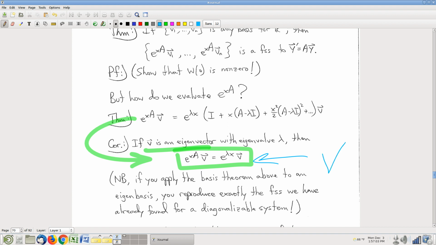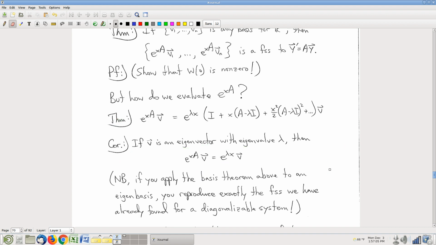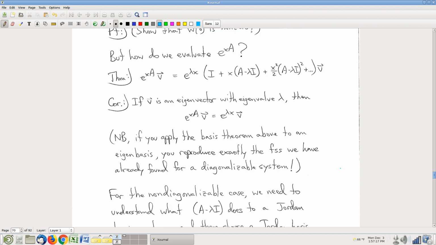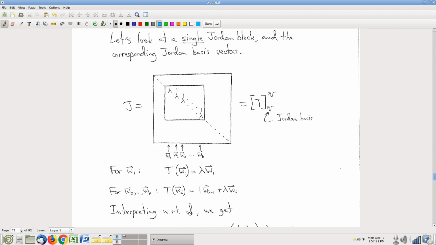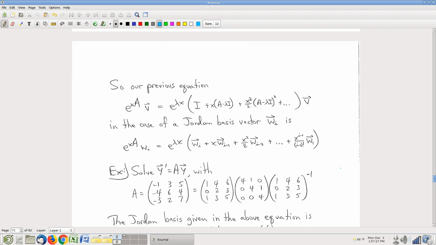Okay. All right. So what about Jordan basis vectors? I mean, sort of the whole purpose of this exercise is how do we deal with the non-diagonalizable case? Our Jordan basis is going to have some eigenvectors, sure, but it's going to have some not eigenvectors. How do we deal with those? A bunch of details that, when I have time in Math 216, I like to go through. It's a nice exercise, but this is really digging a little deeper than is necessary.